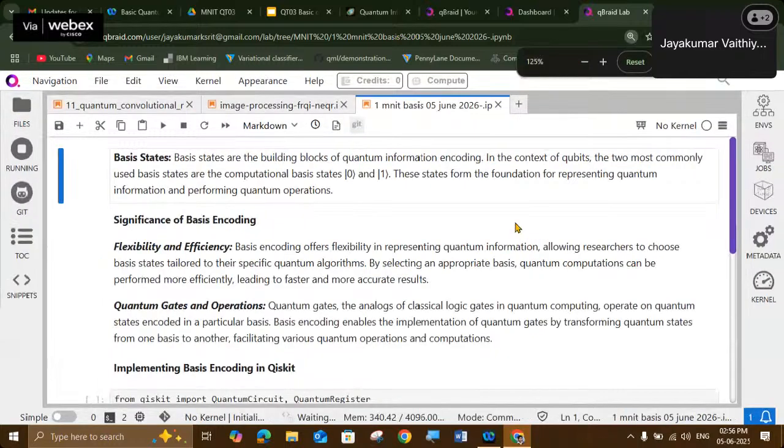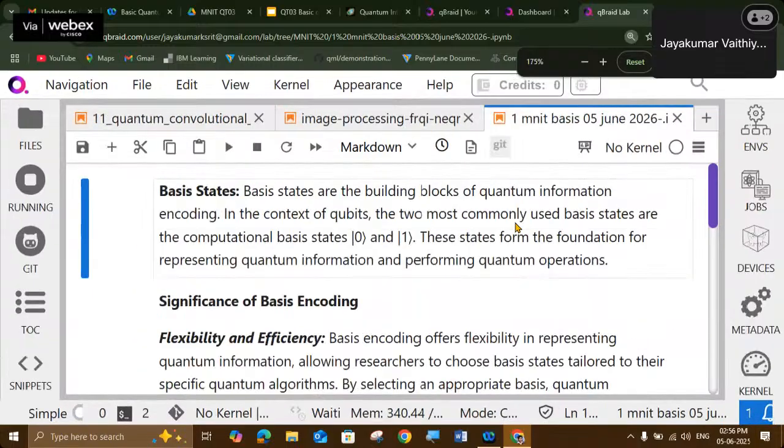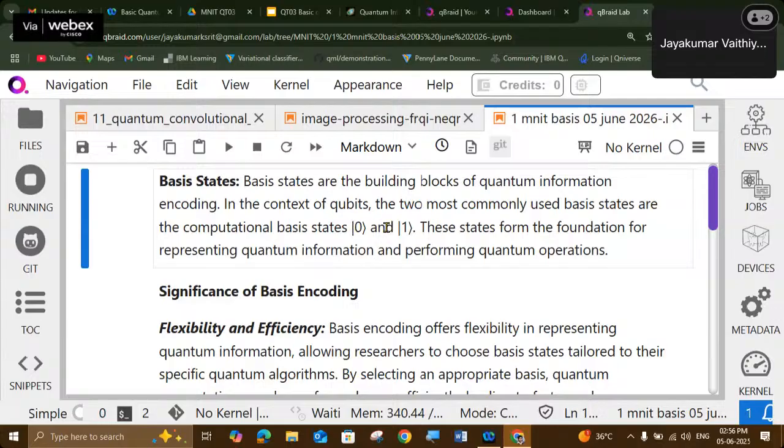Maybe I will zoom in for your convenience. How many basis states do we have? Ket 0, ket 1, right? Not 0 and 1. If you say 0 and 1, it becomes classical, right? You can pick your basis state according to your choice. Now we are selecting ket 0 and ket 1.